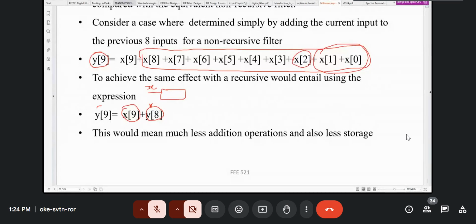Today I just looked at cases where you're given one form of filter characterization and expected to work out certain parameters. Tomorrow we will look at where you're given either the normalized frequency or the actual frequency, and you are expected to generate the filter coefficients.